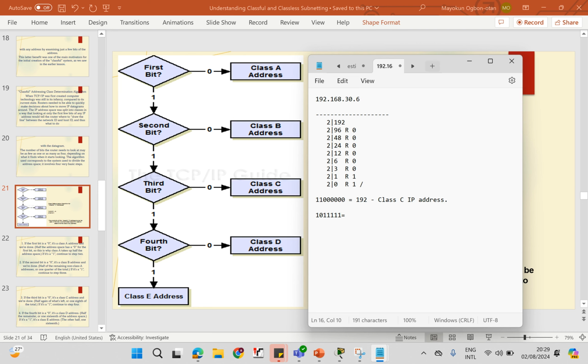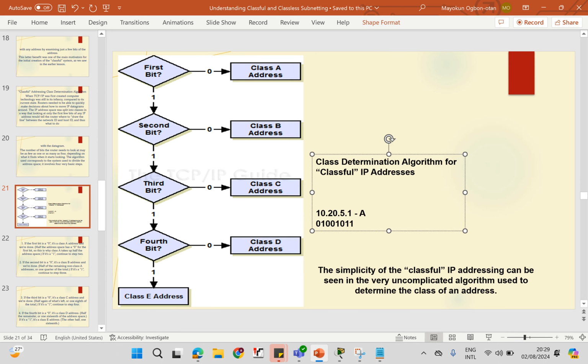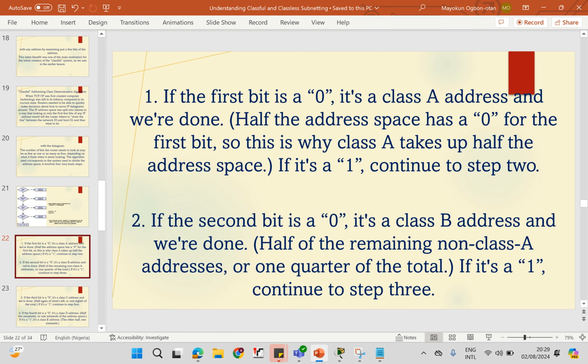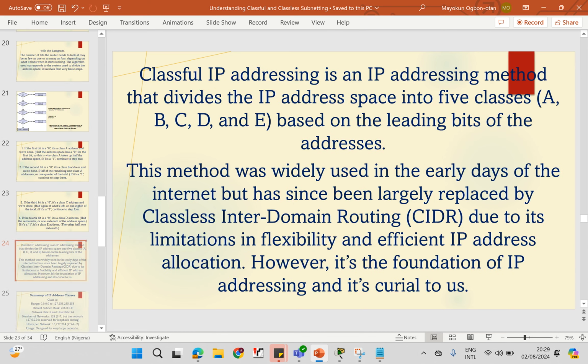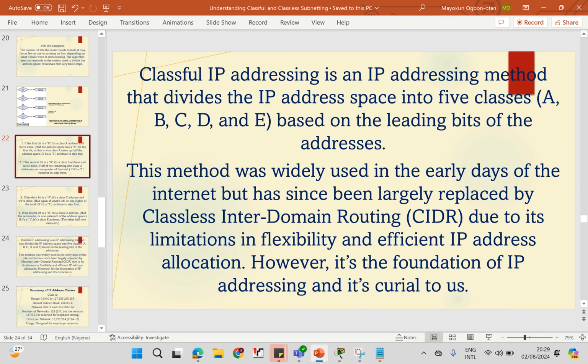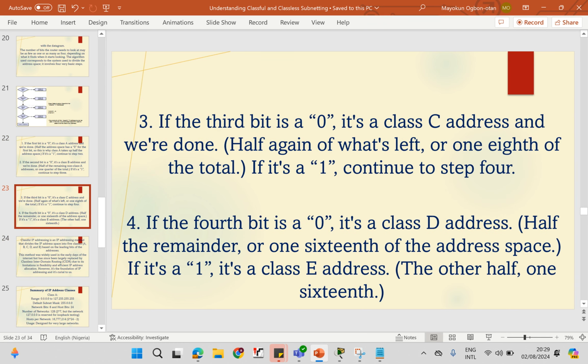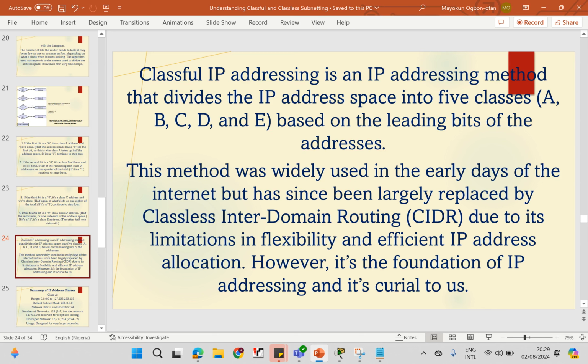So we move on. If the first bit is 0, it's a class A address and we are done. Class B, class C, and D. So classful IP addressing is an IP addressing method that divides the IP address space into 5 classes. We've explained this.